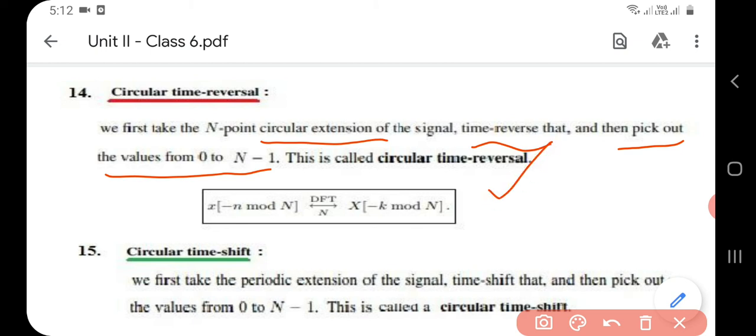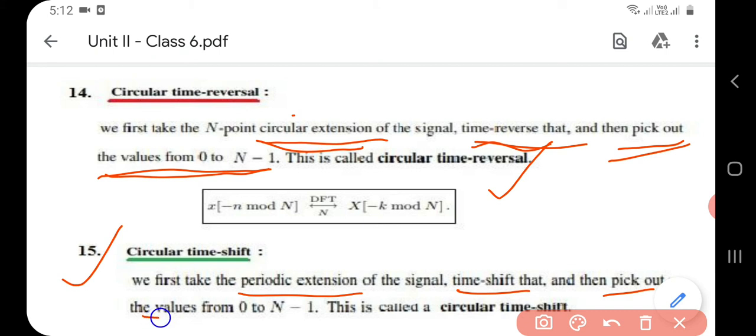But in the case of circular time shift, just compare, you are having a signal. Now instead of circular extension, you are applying periodic extension here. Then here you are applying time shift. Then you are picking one value from 0 to n minus 1. Here also you are picking one value from 0 to n minus 1. This is circular time shift.